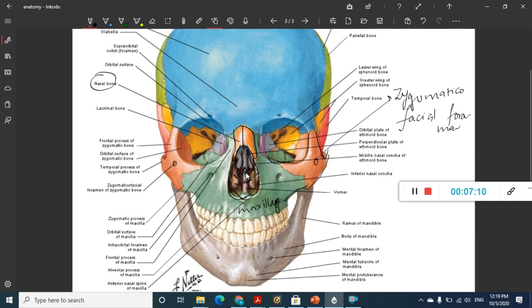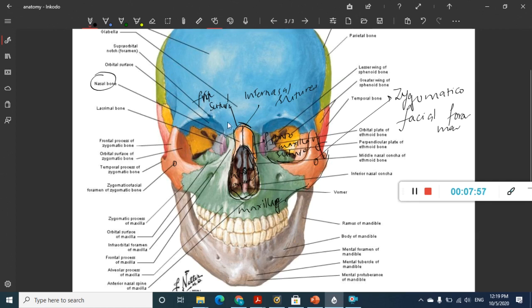Then these two nasal bones are joined with each other by a suture called the internasal suture.